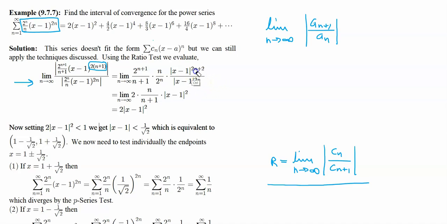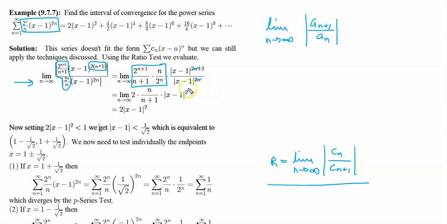So these 2n's will then cancel, leaving you x minus 1 squared. Now, these terms right here, you can flip this 2 to the n over n upward and multiply it against the 2 to the n plus 1 over n plus 1. And that's what we have right here.